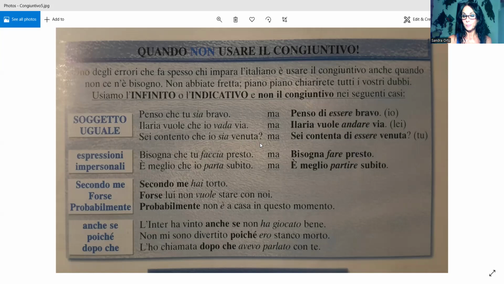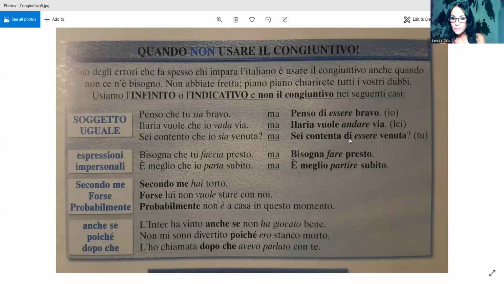Are you happy that I have arrived, I have come? So sei contento, are you happy that I have come? However, sei contenta di essere venuta? Are you happy that you have come?